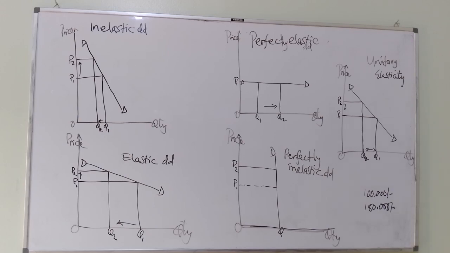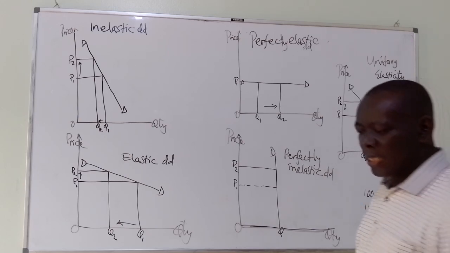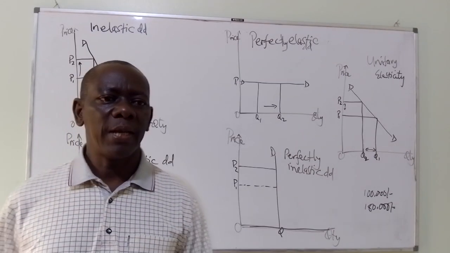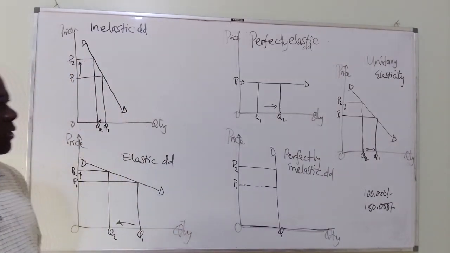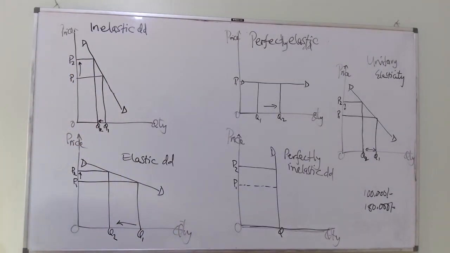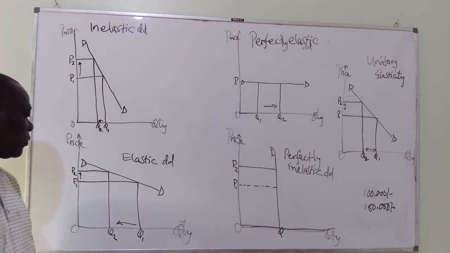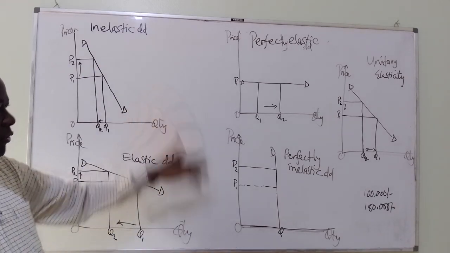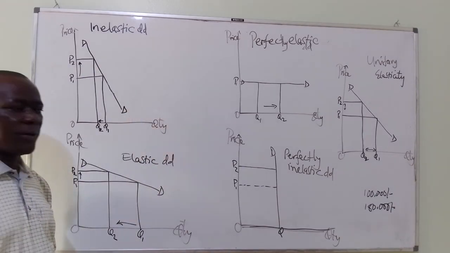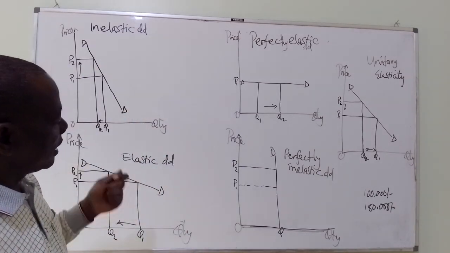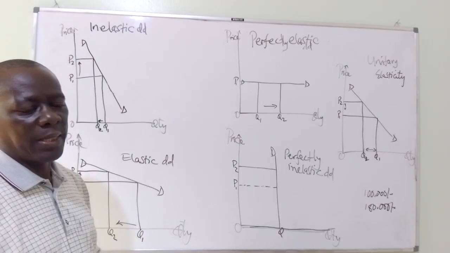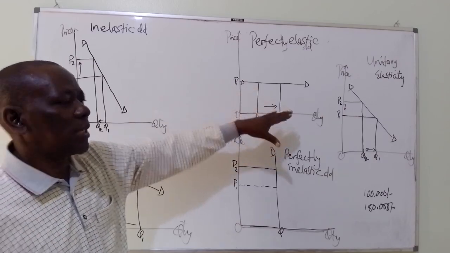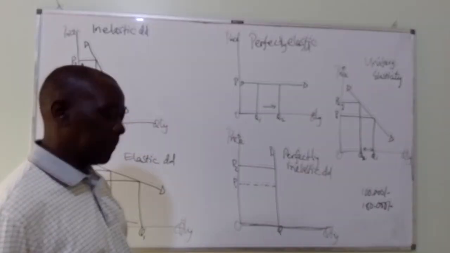Unitary elasticity. So that's how we can illustrate the 5 conclusions of price elasticity of demand, and they are very, very important whenever you are trying to illustrate. Whenever you illustrate the price elasticity of demand, you must make sure that these curves are well drawn.